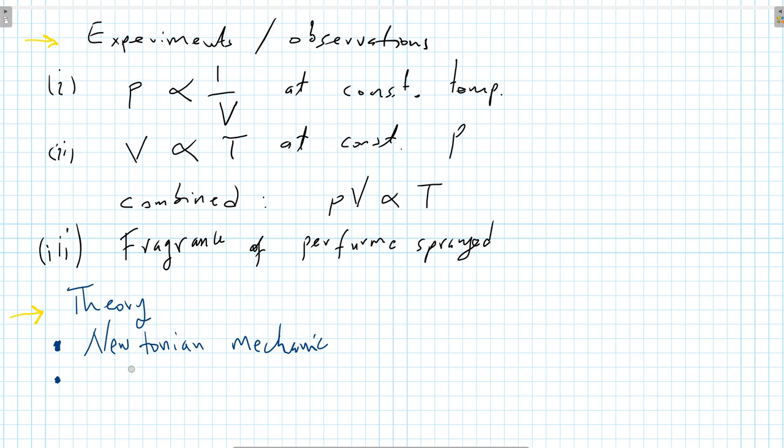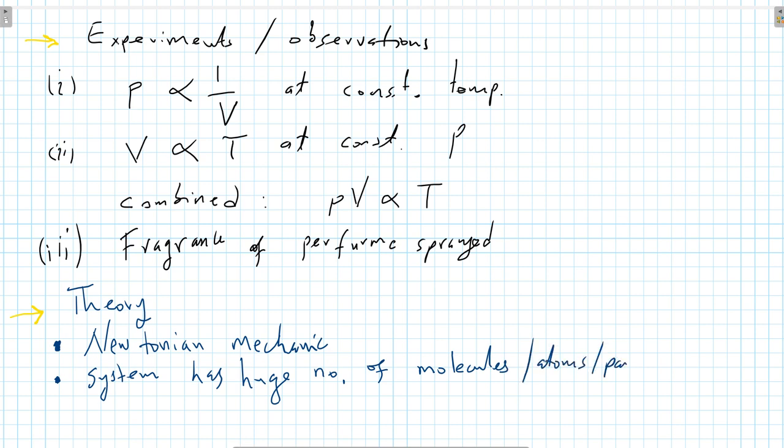So usually the system we want to consider has a huge number of molecules, or sometimes we call them atoms, or particles, whatever, small little objects.